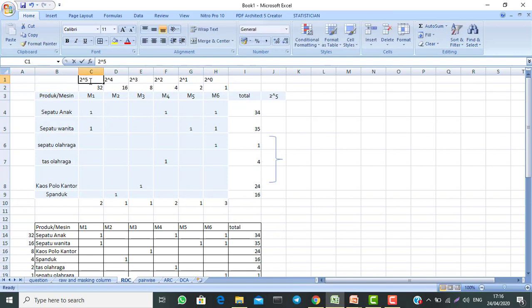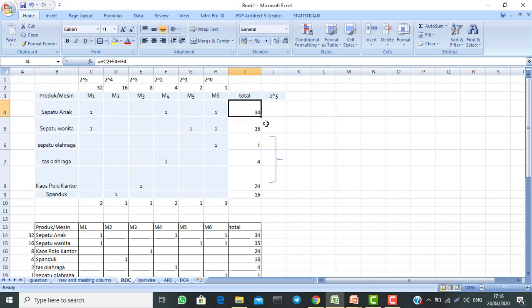So the power is obtained from the total machines used in the company. In this case we have 6 machines, so the highest binary score starts from the total machines subtract 1. So 1 is a constant number.